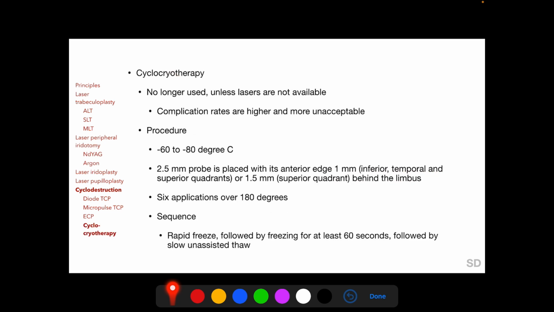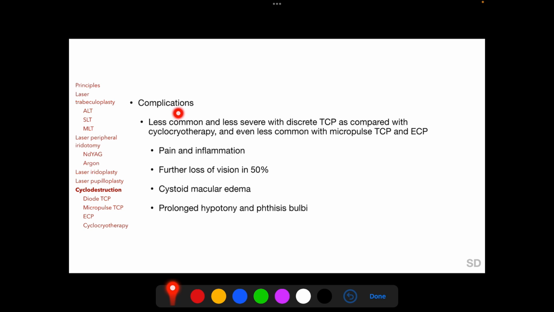Cyclocryotherapy is no longer used unless lasers are not available because the complication rates are higher and more unacceptable. The procedure of cyclocryotherapy is described here and we will not go into the detail. Complications of cyclodestruction include pain and inflammation, further loss of vision, cystoid macular edema, and the most important and serious are prolonged hypotony and phthisis bulbi, which are important to remember.